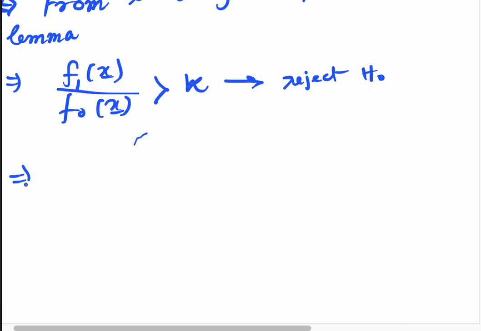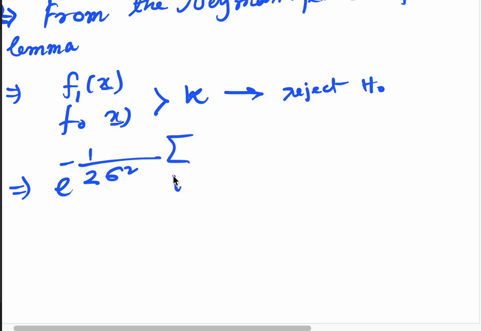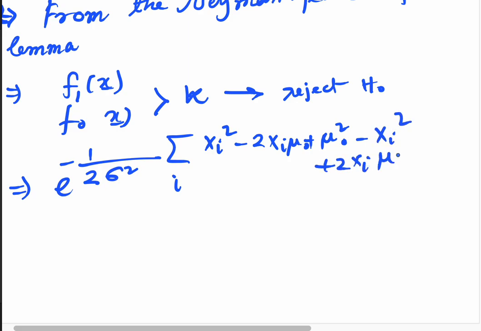So the value will be e to the power minus 1 by 2 sigma square summation of (xi square minus 2 xi mu0 plus mu0 square minus xi square plus 2 xi mu1 minus mu1 square), and it is greater than k.